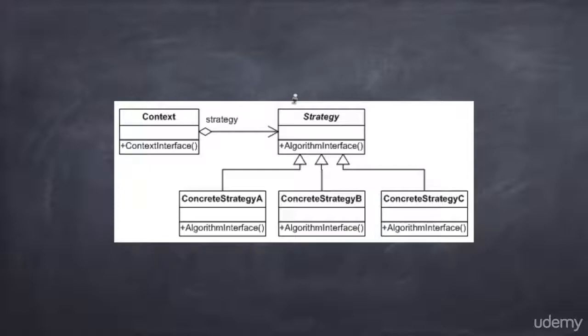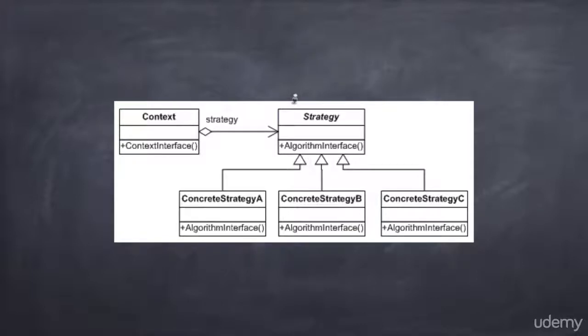The diagram shows one single interface method called algorithm interface. There are three derived strategy classes called concrete strategy A, concrete strategy B, and concrete strategy C. Each concrete class implements the algorithm interface method in a different way.